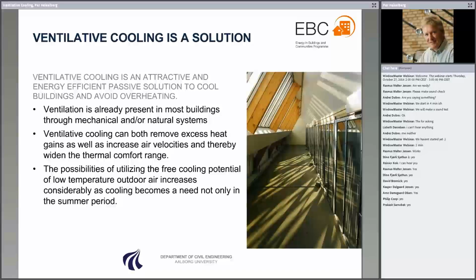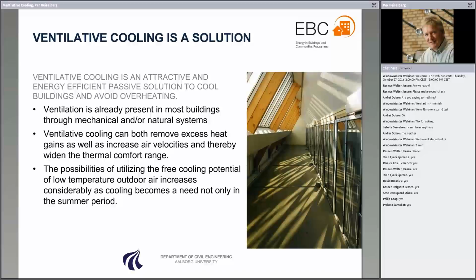The reason we focus very much on ventilative cooling is because ventilation is already present in buildings. And if we use the outdoor air to remove the heat, it has a high cooling potential. As I also illustrated with the previous building examples, it's not only in the peak summer week that we have a need for cooling.